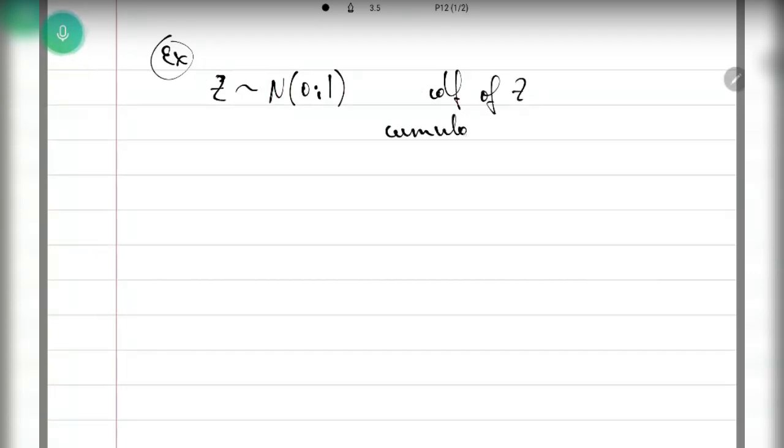Let's recall that if you have some random variable Z that is a standard normal random variable, and we have a CDF of Z, cumulative distribution function.